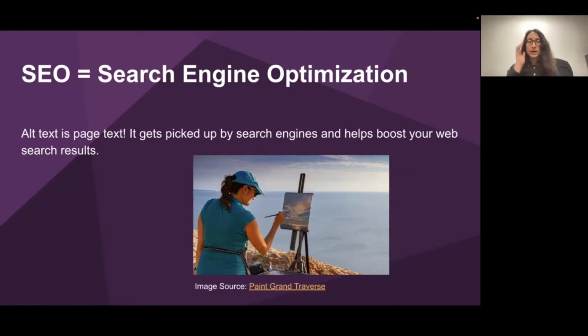Then the last one is search engine optimization. And if you're not familiar with this term, search engine optimization is how search engines like Google pick and choose which websites should come up first in search results. So if you type in something like, best soccer teams in the world, they're going to look for websites that have those keywords and phrases.